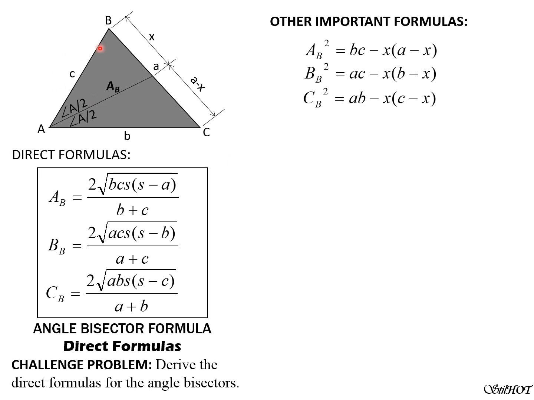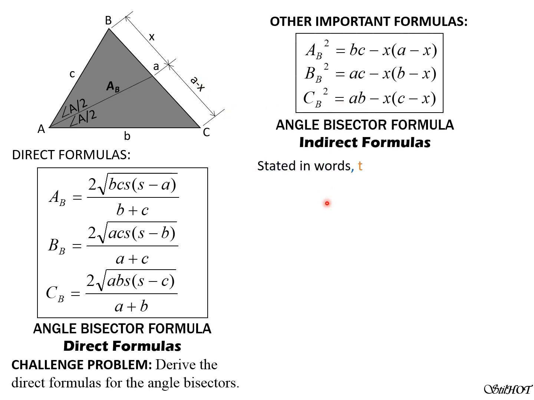You just draw the figure, then from there, you can recall the formula. For instance, for this direct formula here, 2 square root of BCS times S minus A divided by B plus C. Then for this case, the square of this angle bisector is equal to BC minus x times quantity A minus x. So you should also state that in words.